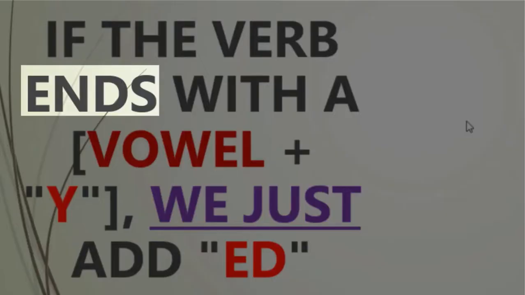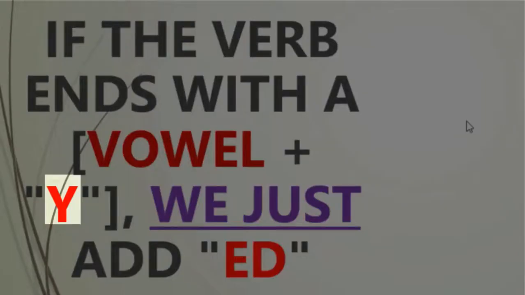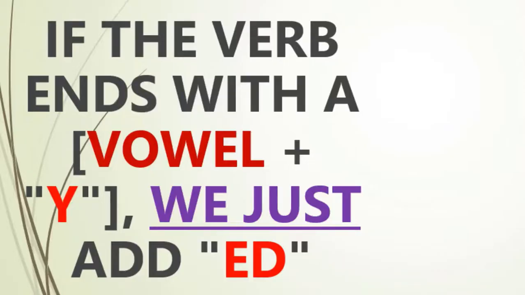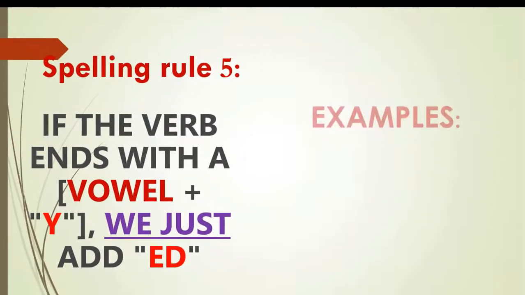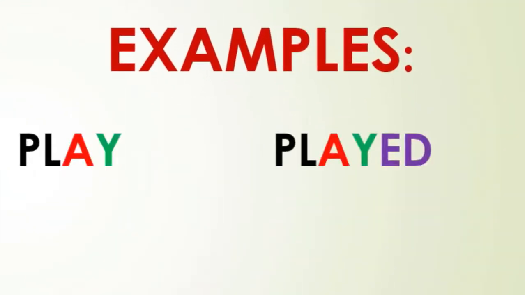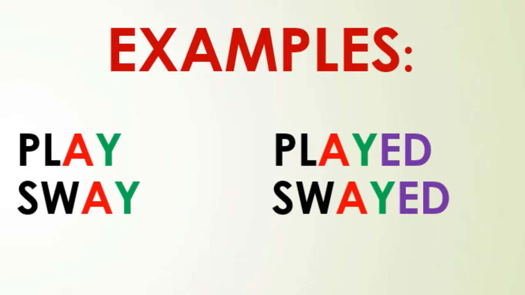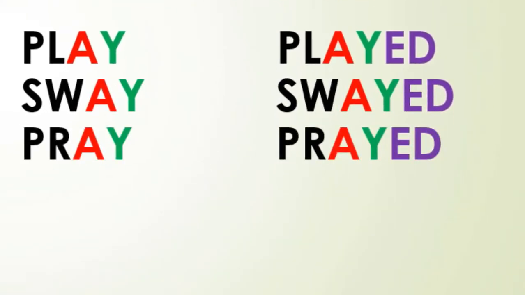Spelling rule number 5. If the verb ends with a vowel plus Y, we just add ED. For example, play, played, sway, swayed, pray, prayed.